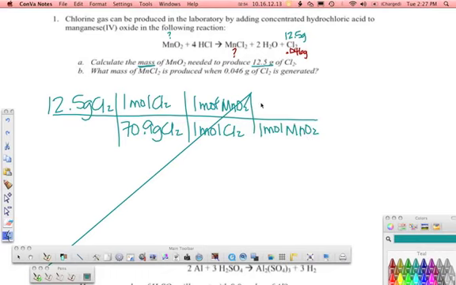And that is 86.94. Plug that into your calculator, and in correct sig figs, we're allowed 3. You get 15.3.